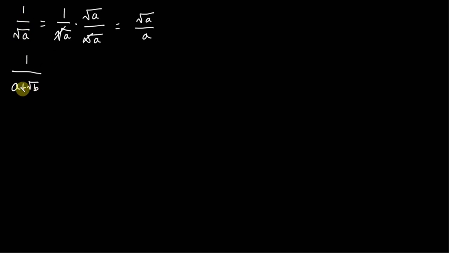We want to multiply, but we're going to take the negative in this case of root b. So in other words, if we had 1 over a plus root b, we're going to want to multiply that by a minus root b over a minus root b.